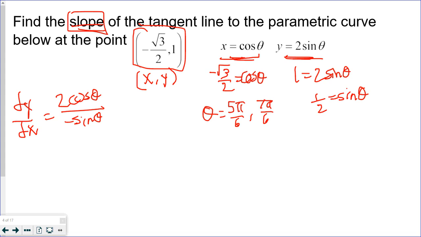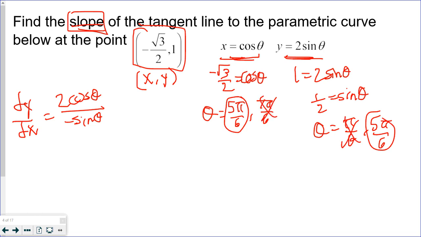That's going to be in the first and the second quadrant, so theta equals pi over 6 and 5 pi over 6. Now, if I compare the two answers together, the one they have in common is 5 pi over 6. So it's at that parameter that they have the coordinate point negative square root of 3 over 2, comma 1. So this point happens at theta equals 5 pi over 6.